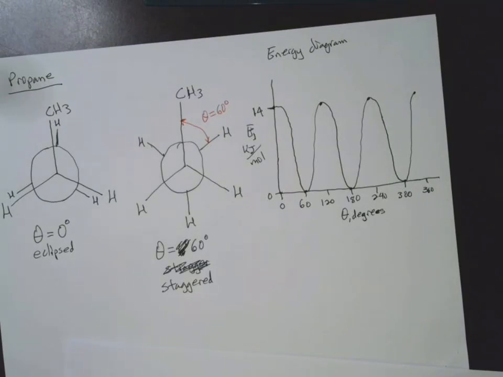Figure 3.9 seems to have disappeared from my... that's interesting. The text does not have a figure 3.9. I think it was supposed to, and it disappeared during editing. Interesting. Figure 3.8 is the conformation of ethane, the energies of that conformation.